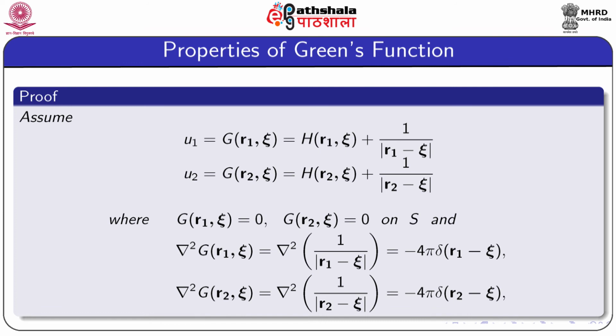We also have the Green's function at R1 and R2 equal to 0 on the surface S, and Laplacian of G(R1, xi) is equal to minus 4 pi delta(R1 minus xi), and Laplacian of G(R2, xi) is equal to minus 4 pi delta(R2 minus xi).